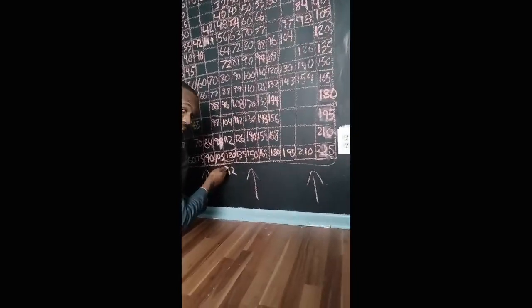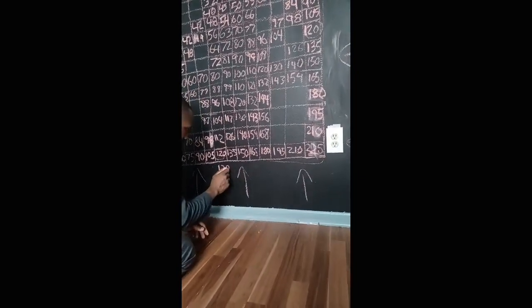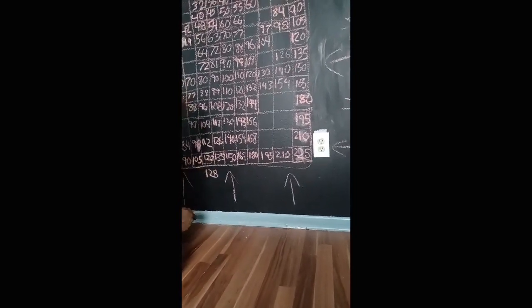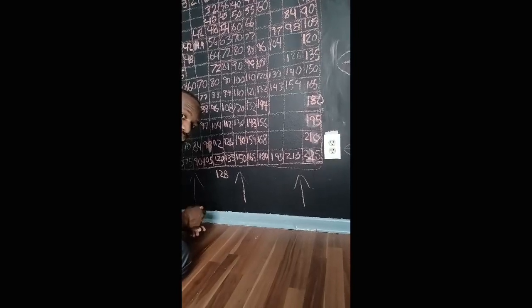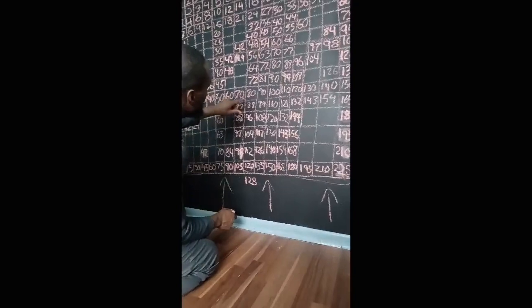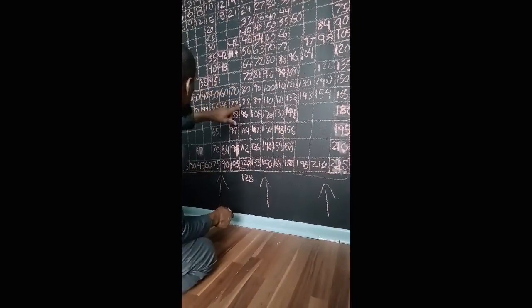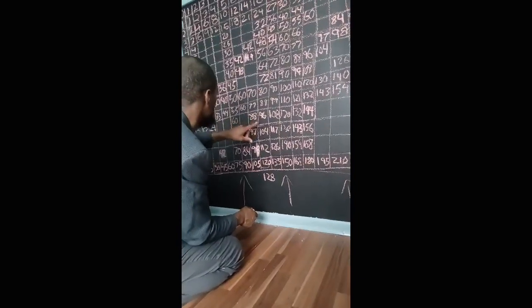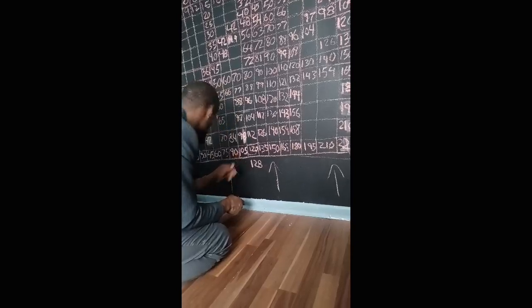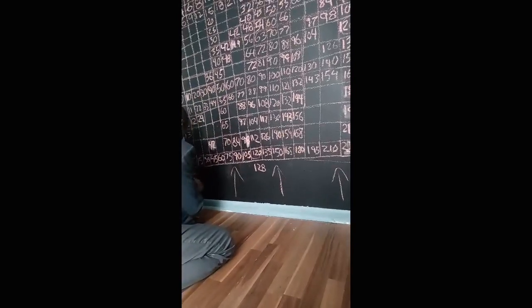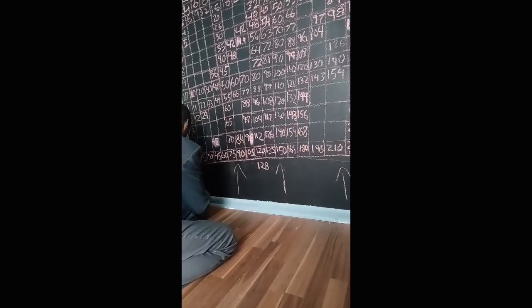What's 120 plus 8? 128. Look at that. 12, 12. So the next one that skips, it should be 16, 16. Where would it skip? It would skip at this would be 16, 17, 18, 19, 20.